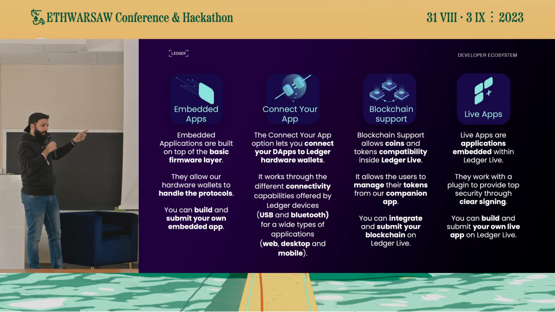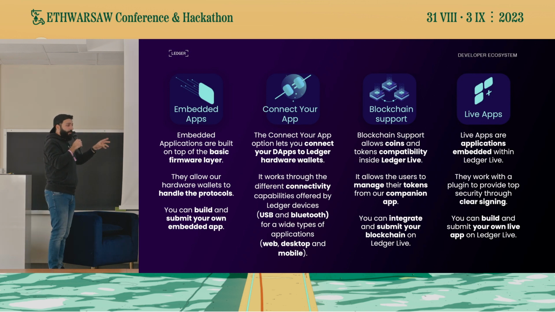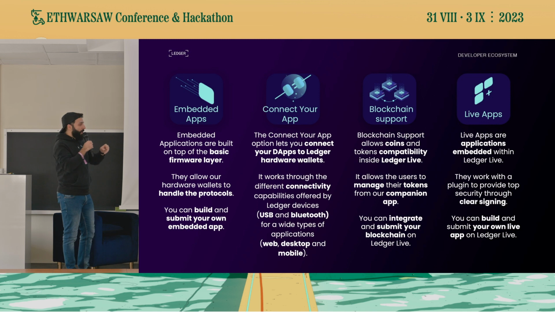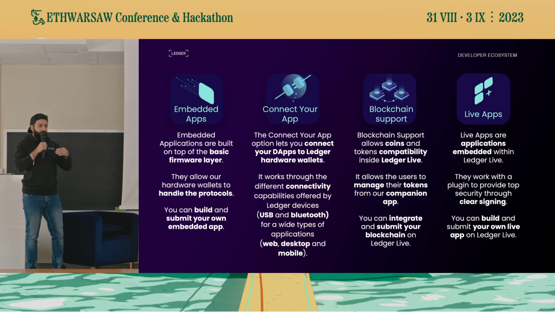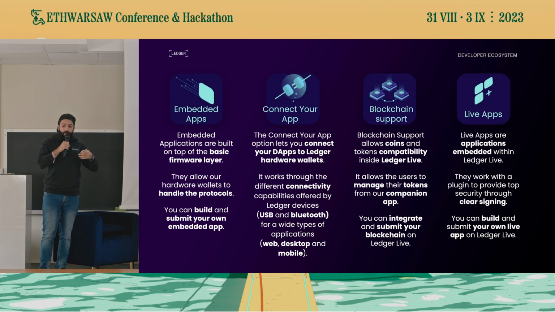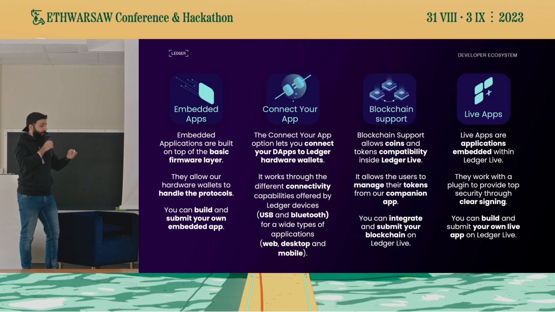You need to have the app already supported. And same thing, the blockchain integration is also open. It's doable. Many blockchains at Ledger were integrated by external devs, foundations, and companies that do this type of work.